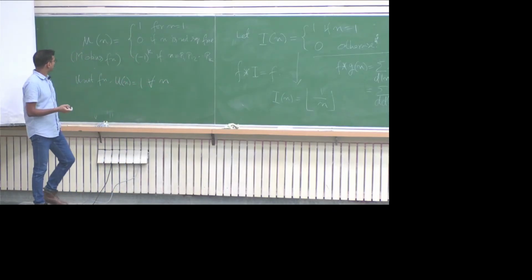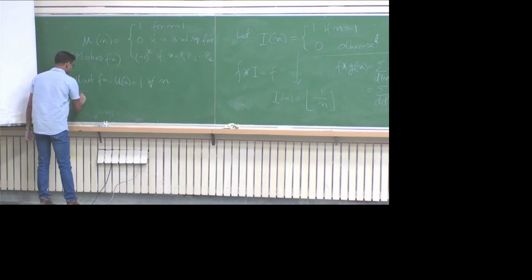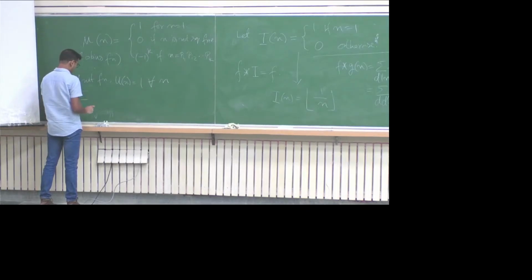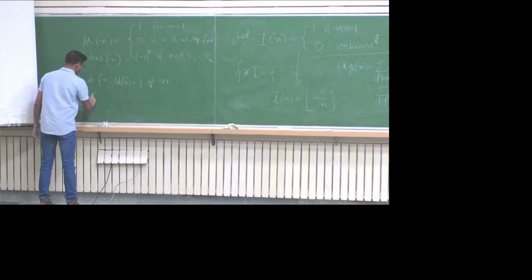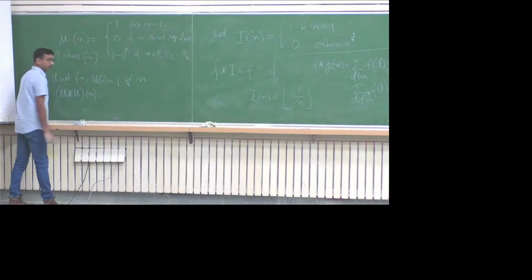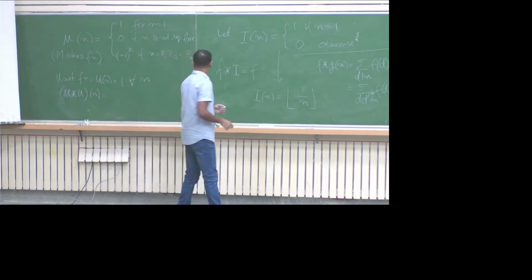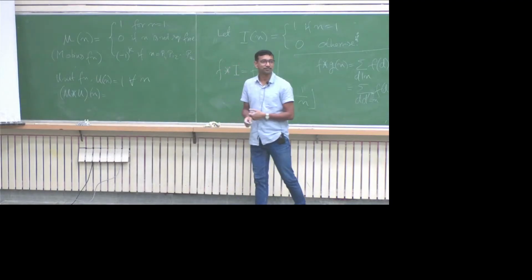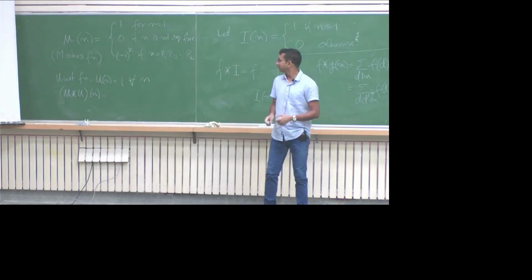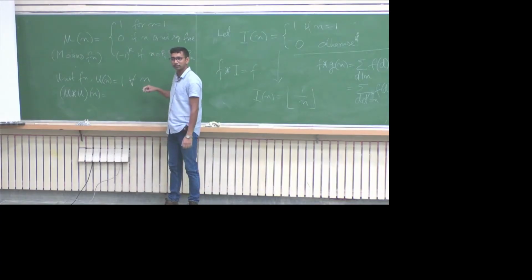And let's first compute the convolution of mu with u. So consider the sum, we'll just compute this: mu star u of n. What's that? U is identically 1 for all n.